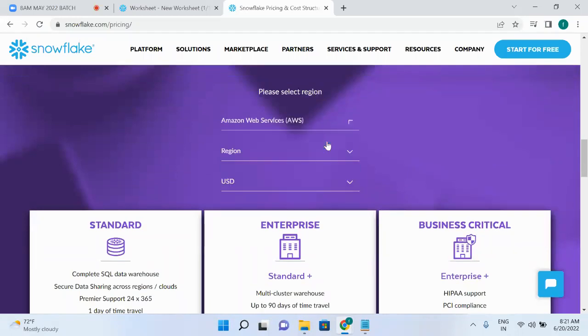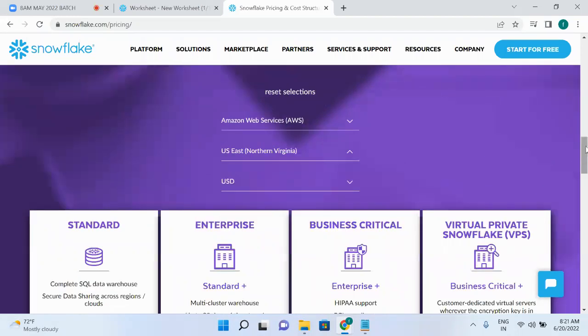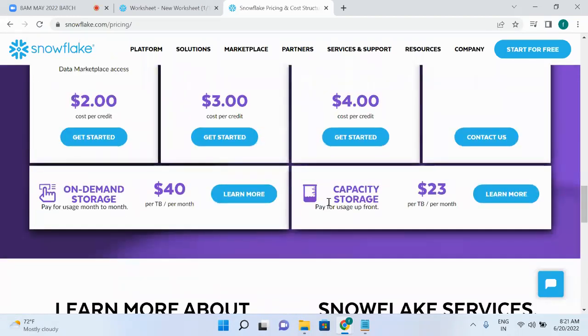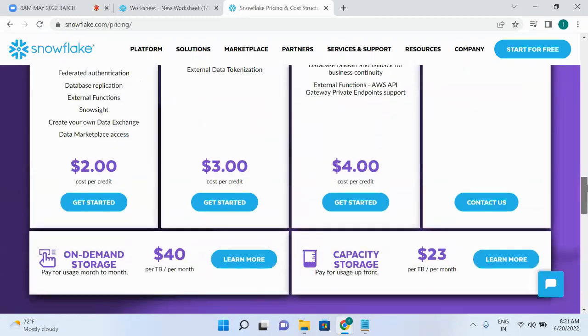If you look at this one, $23 here and $40 on demand: 40 on demand, 23 pre-purchased. You observe there is a lot of difference, right? Most of the time, when they go for Snowflake pricing, they will go for the capacity storage, nothing but pre-purchased.